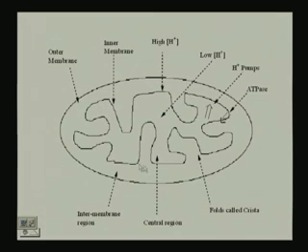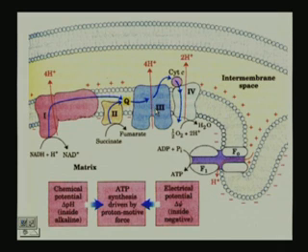We looked at the specific diagram here of the mitochondria, where we know that we have proton pumps and specific proton concentrations in the intermembrane space and in the inner central region of the mitochondria.